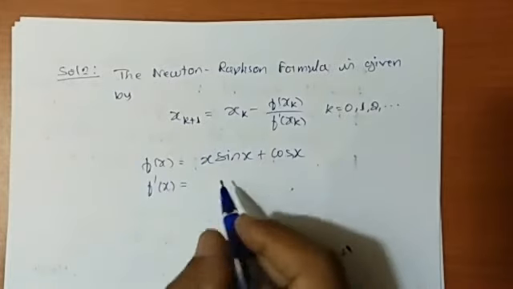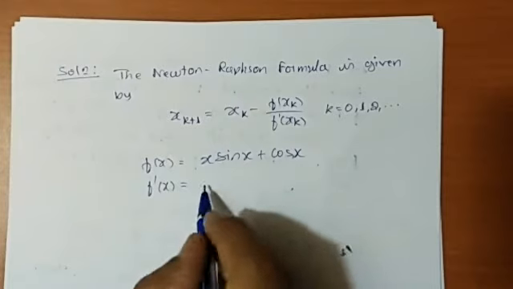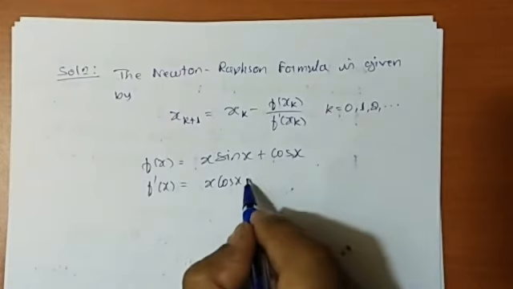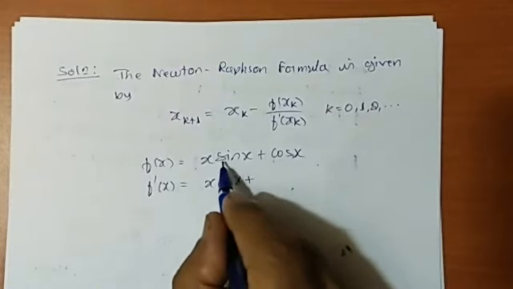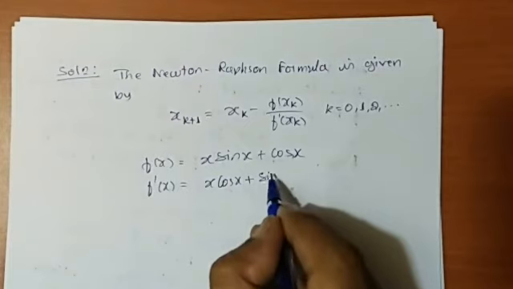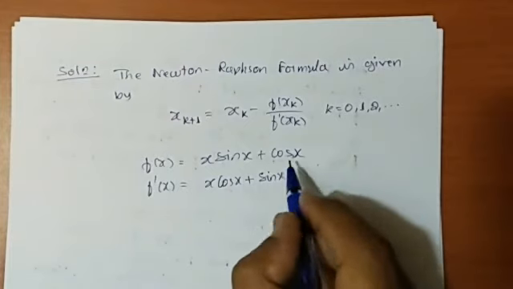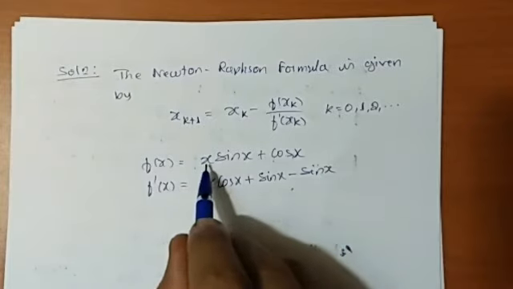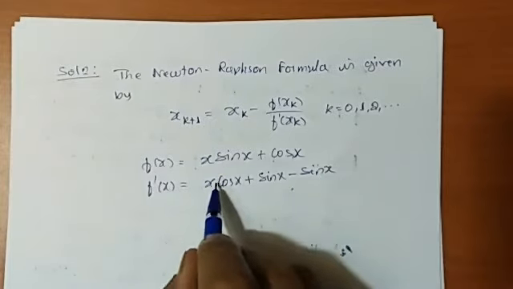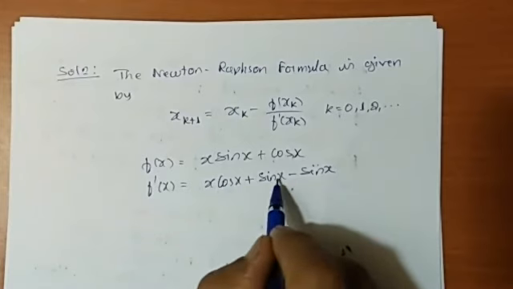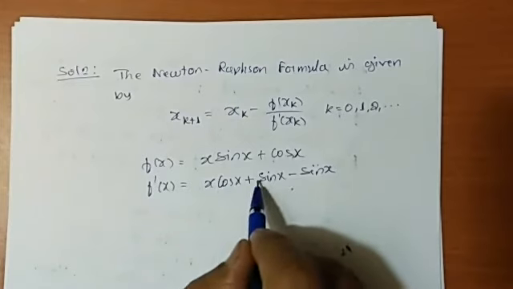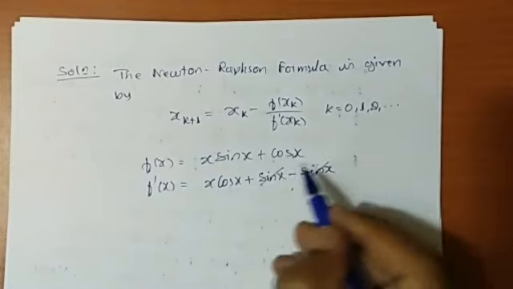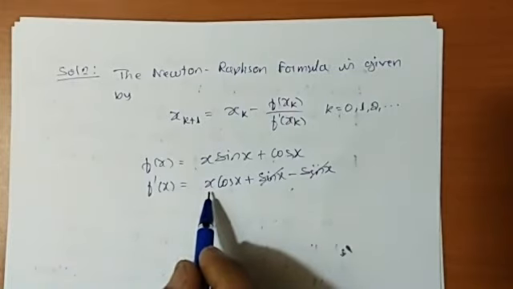It is differentiation of x sin x. So x times cos x, differentiation of sin x is cos x, plus differentiation of x is 1, times sin x, then differentiation of cos x is minus sin x. So x cos x plus sin x minus sin x. These two cancel. So f dash of x is equal to cos x.